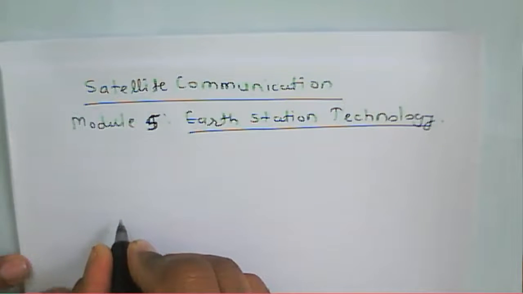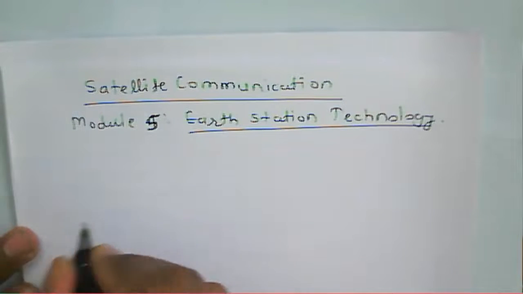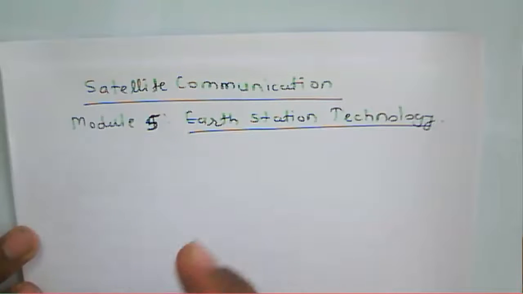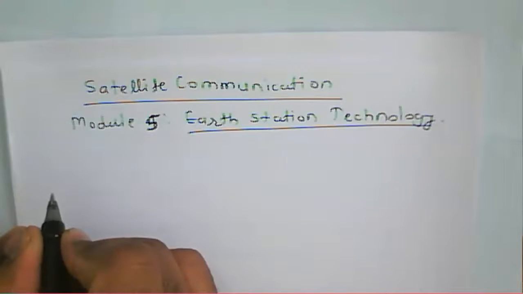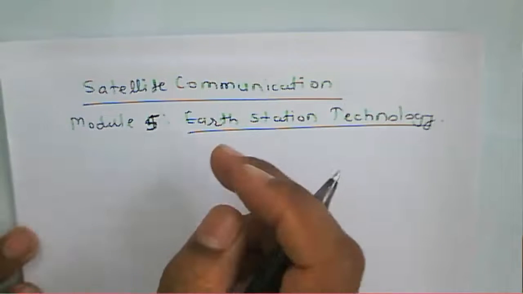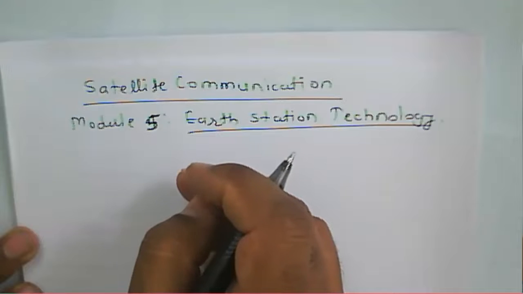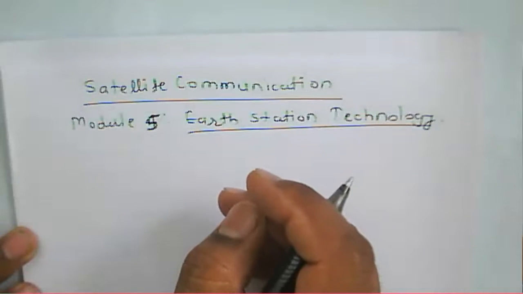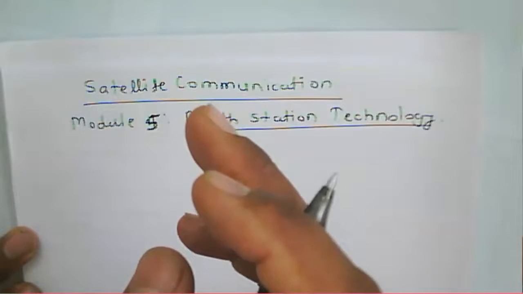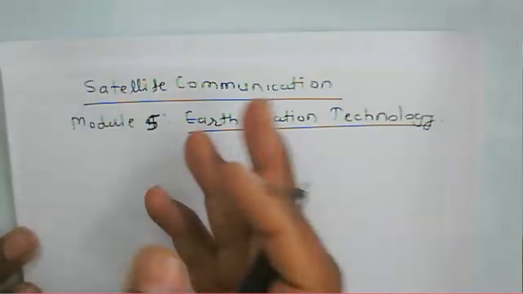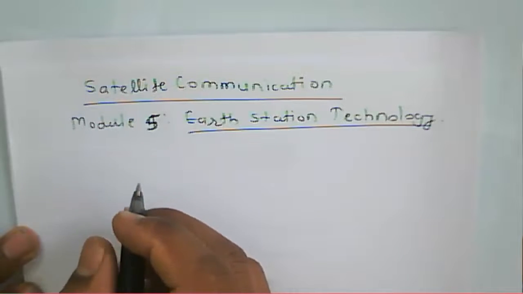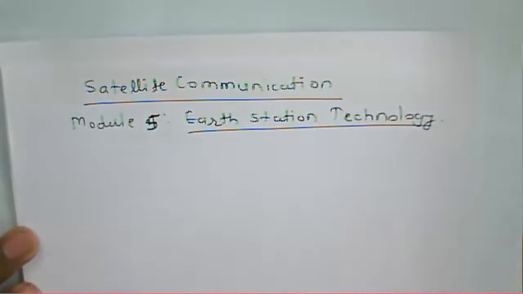Now, if you look at the elements of an Earth station, we have the terrestrial module, a terrestrial interface module from the various users, that gives the output to your Earth station.